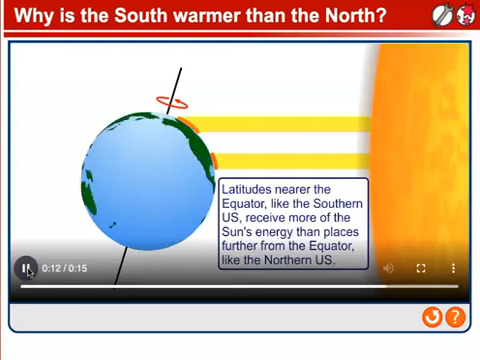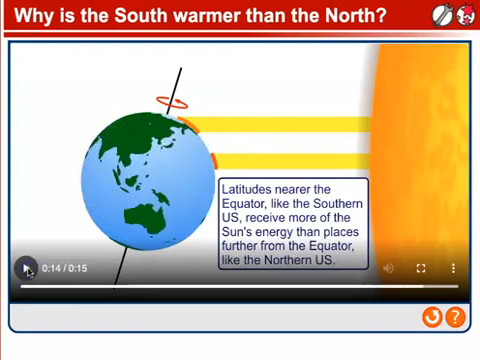Latitudes near the equator, like the southern U.S., receive more of the sun's energy than places further from the equator, like the northern U.S. This is because the solar radiation is more direct and concentrated over a shorter area. As we make our way northward, that energy is spread out over a much larger area of Earth's surface.